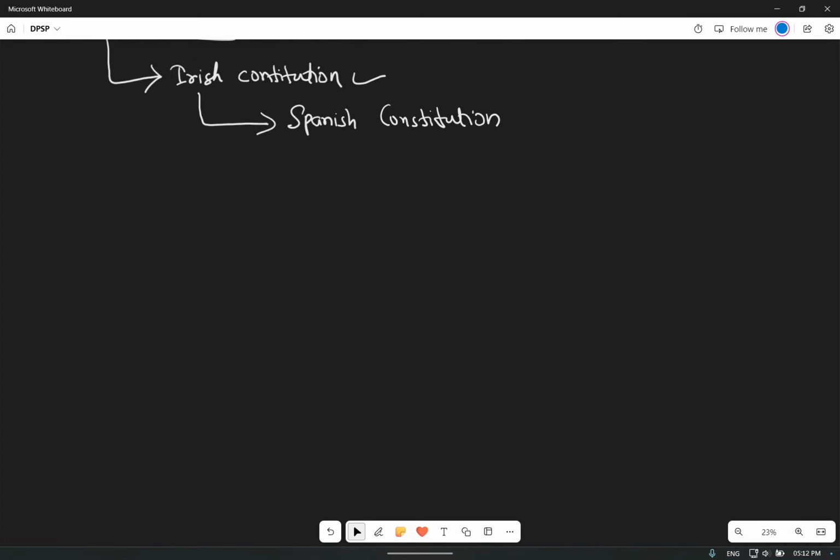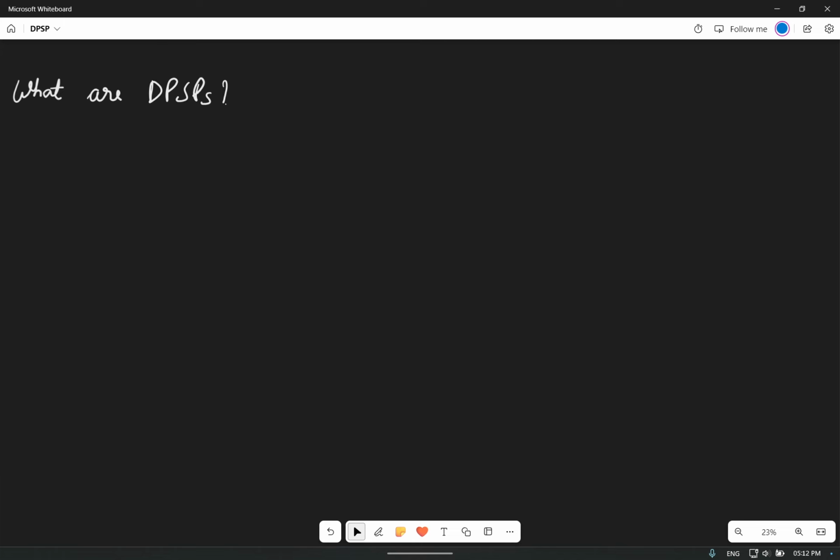Okay, now the question arises, we are saying too much about Directive Principles of State Policy and all. What are these directive principles of state policy? What exactly do we mean by that? See, DPSP has emerged from the constitutional form of government.